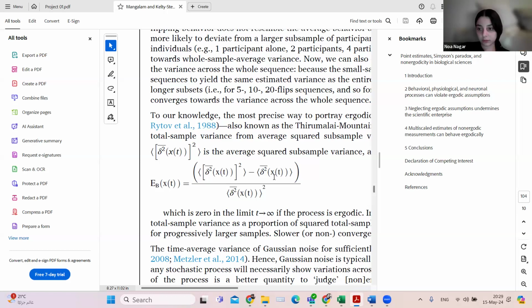And for each one, you calculate its variance, and then you average across all the variances. And then you subtract the total variance from this subgroup variance. And this is the subgroup ergodicity break. The average that you calculate is just the average of the subset of subjects, right? It's not of the 200. Yes. So, for example, this average is for all possible groups of 10 out of the 200 subjects.